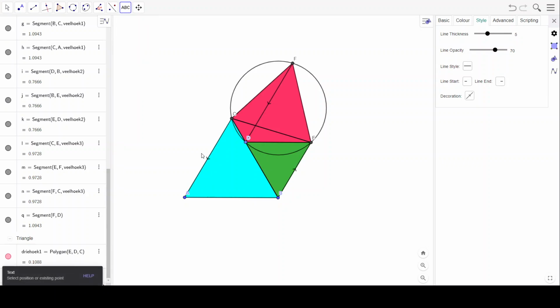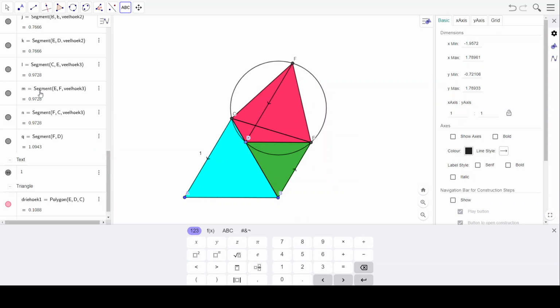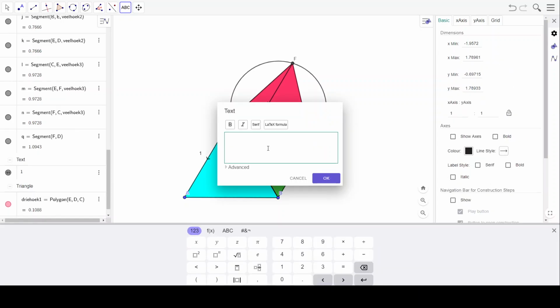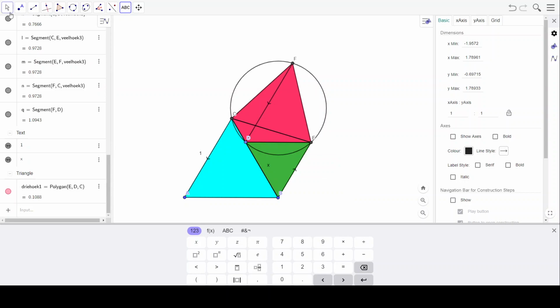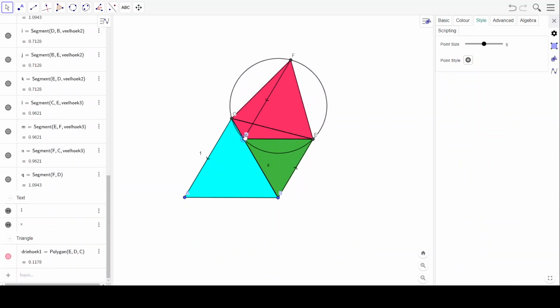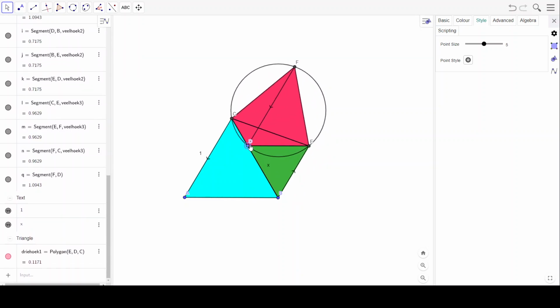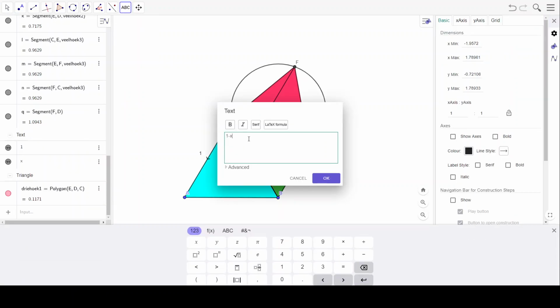So if I say, for convenience sake, that the blue one has side length 1, and that the green one has side length x, and x is variable, it can vary, and you can see that like this, you can vary x, proportion stays the same as it should, and that makes that this CD is 1 minus x.